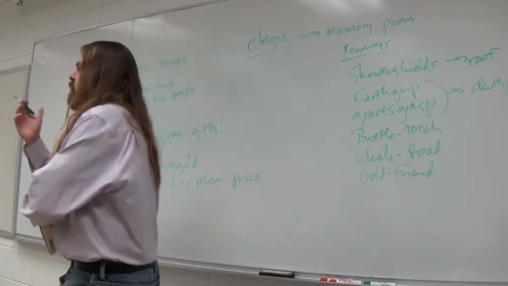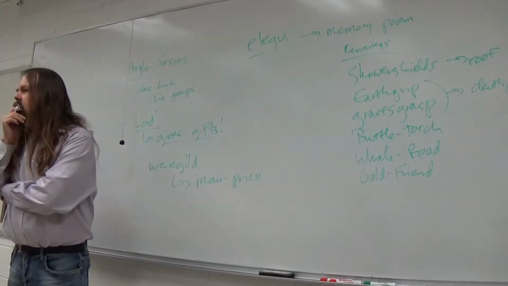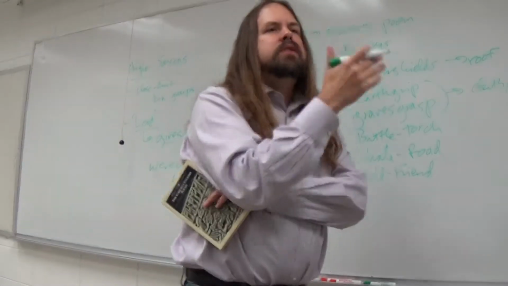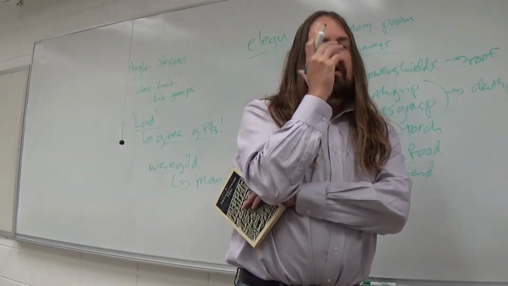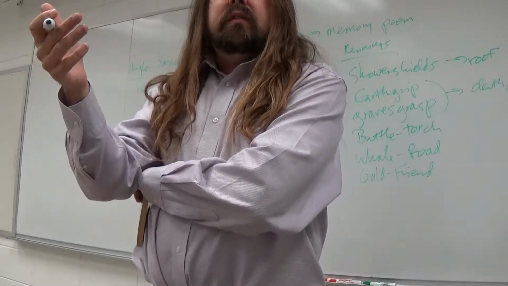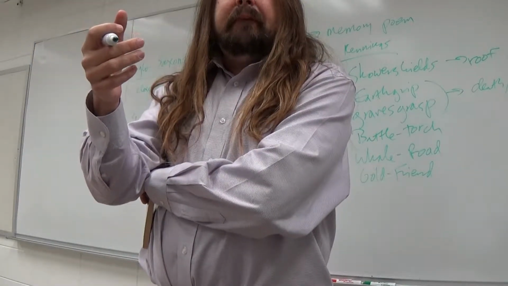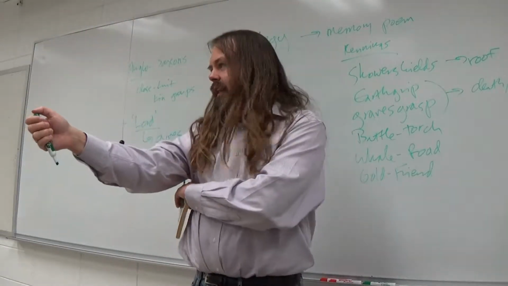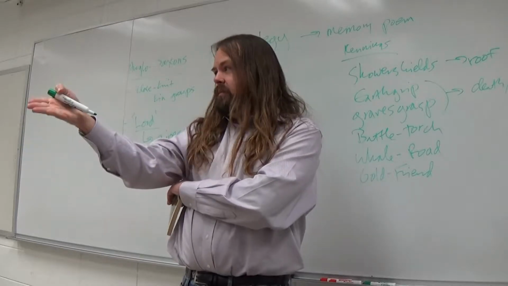What do you think a battle torch is? Yeah, it's a sword. Why is it a sword? What characteristics of a sword is this playing on? Glint on the battlefield with the sword. Yeah. You hold it in one hand like a torch, right? And it gleams.